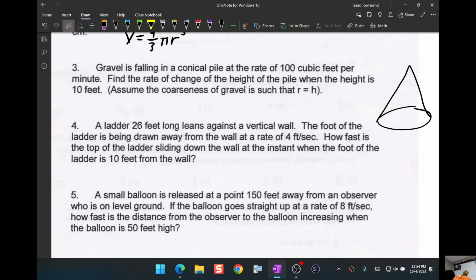You're trying to find the rate of height change, and if you go this route, you don't have that to solve for. So instead of changing everything into r's, change everything into h's. Then, when you take the derivative, you actually have the thing you're trying to solve for.